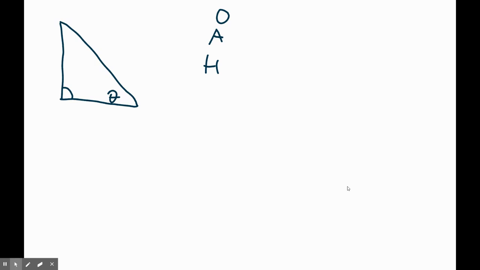So we have our right triangle and our angle theta. And we're also given three letters that we're going to be labeling our triangle with: O, A, and H. O is opposite to theta. A is adjacent to theta, or next to it.